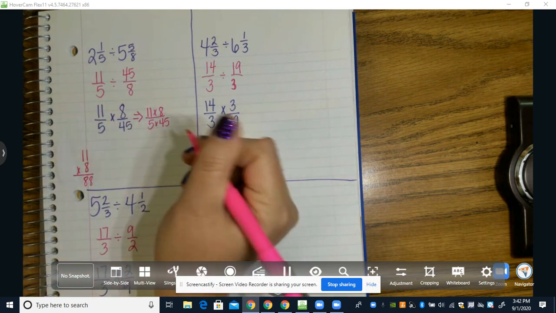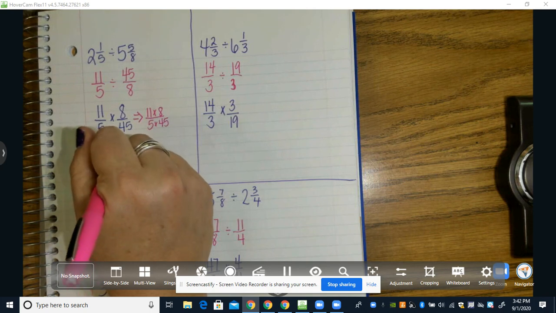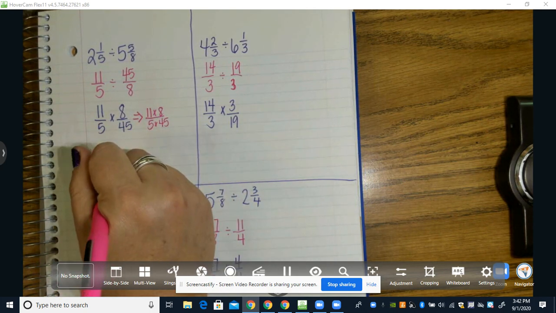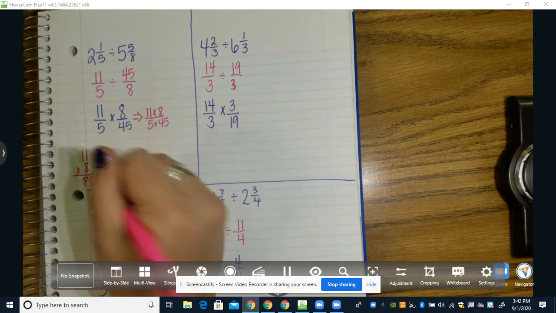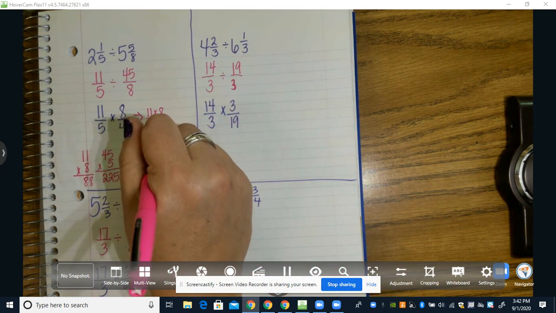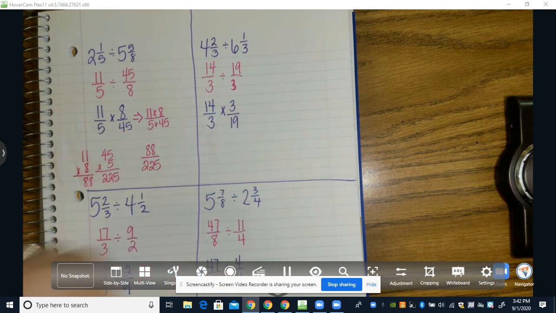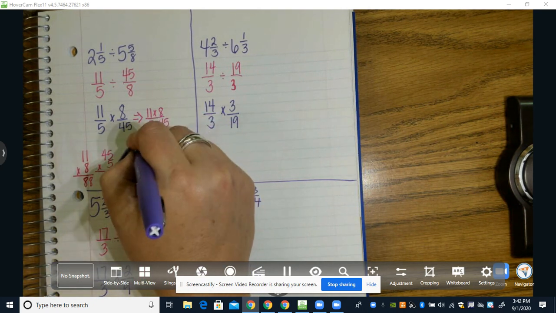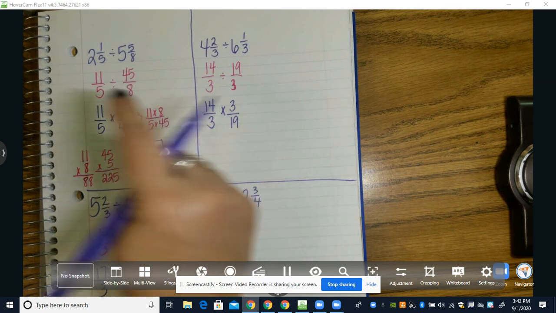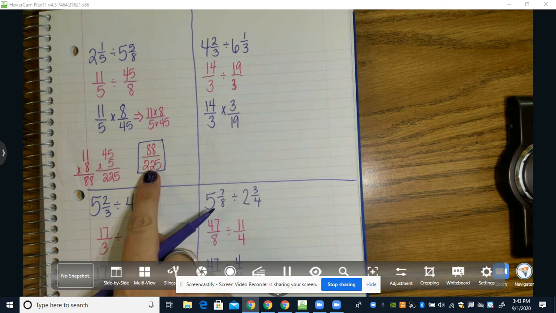And 45 times 5 gives me 225. So my answer would be 88 over 225. So my answer when I divide those fractions, which I multiply by the reciprocal, is 88 over 225.